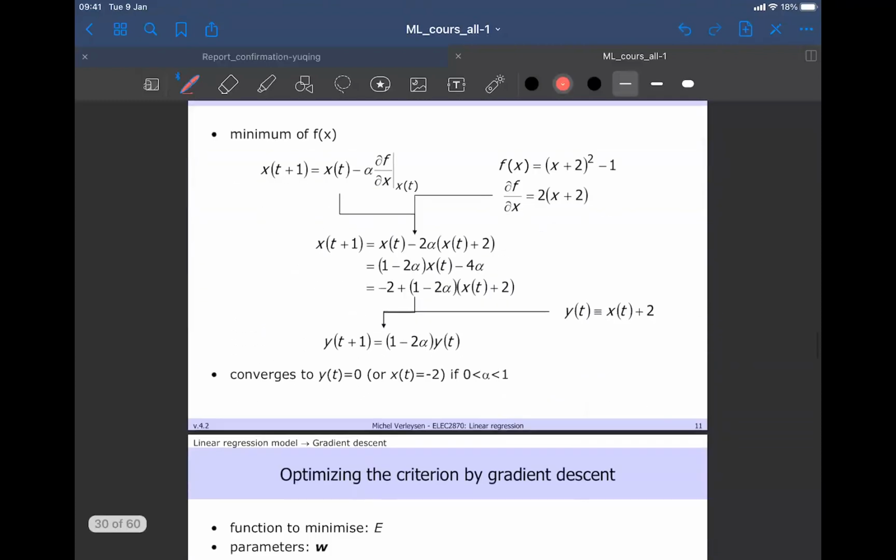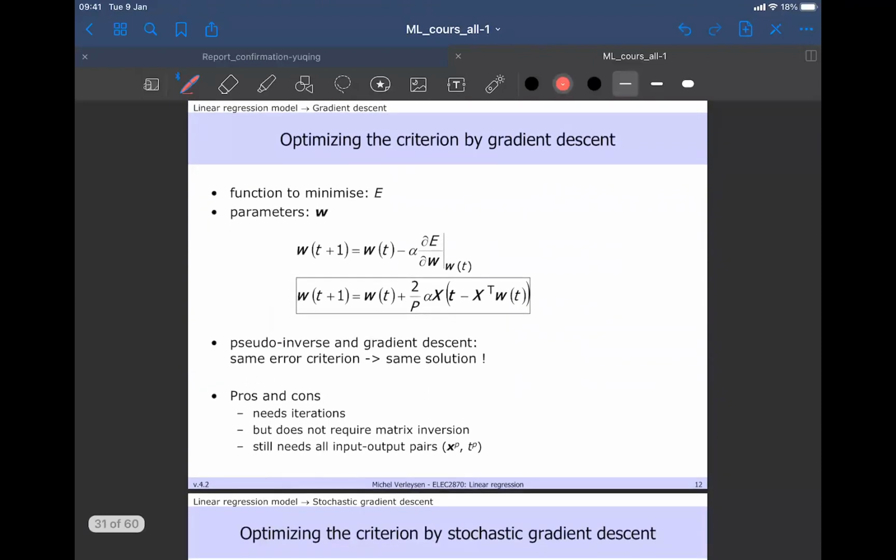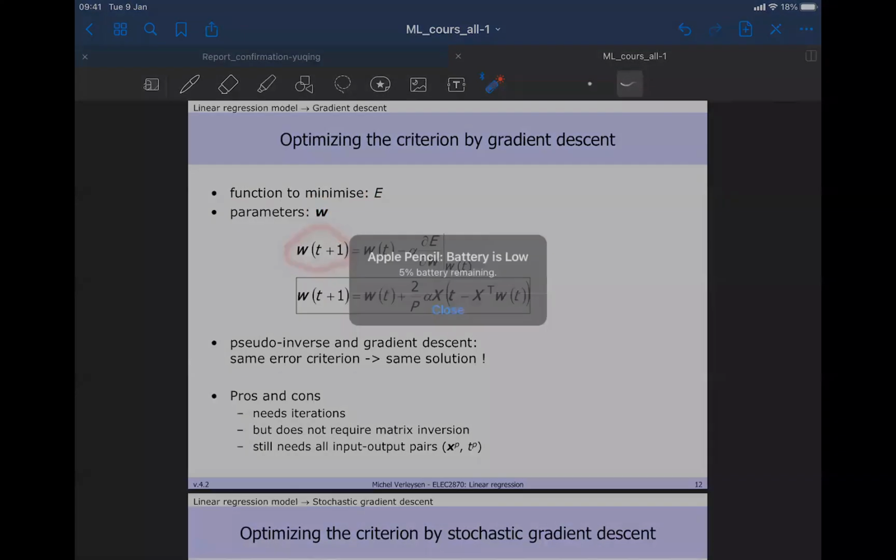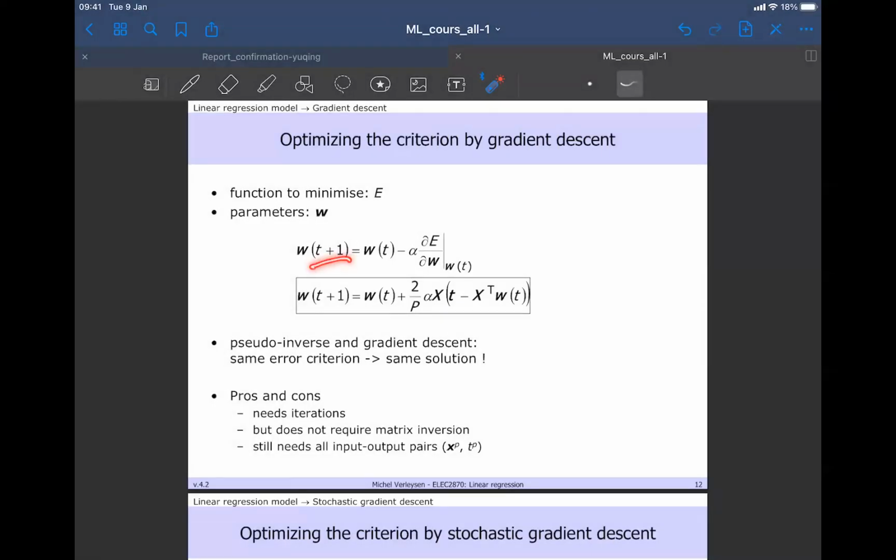So this is an example. I will skip this. So back to our linear regression. We want to minimize E in function of W. And so my gradient descent is, I have some weights at time step t plus 1 equals what I had before minus alpha the gradient. And so the gradient here was alpha, so the learning rate, times x times t minus x transpose w.